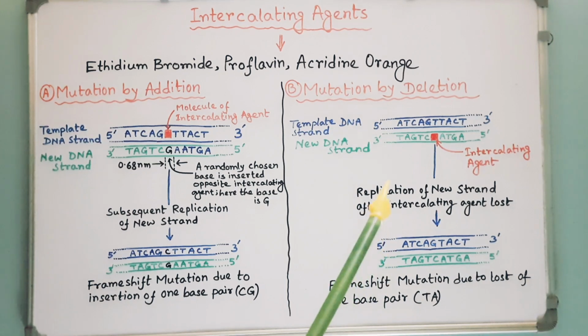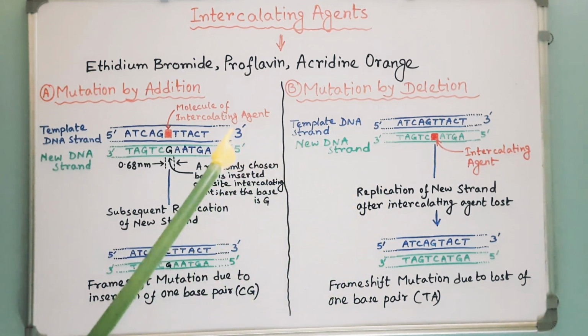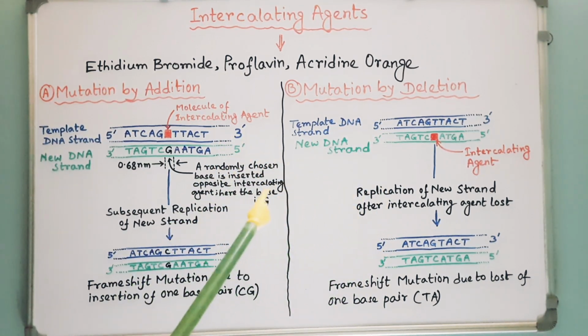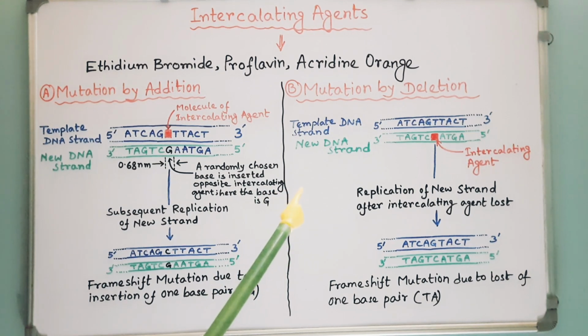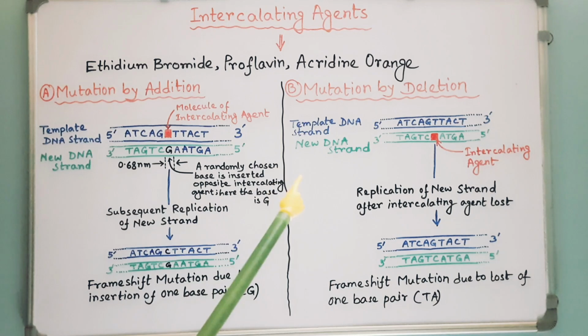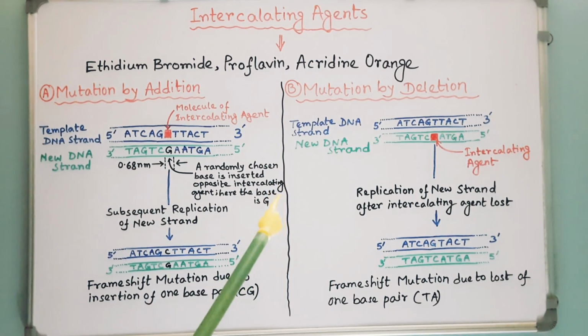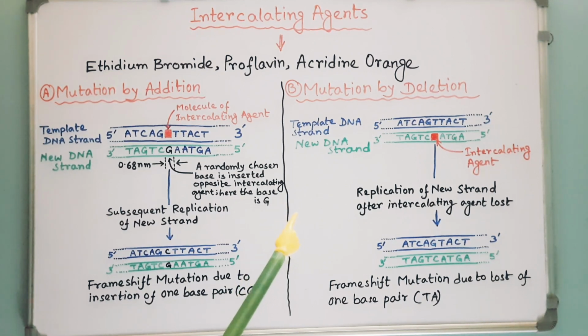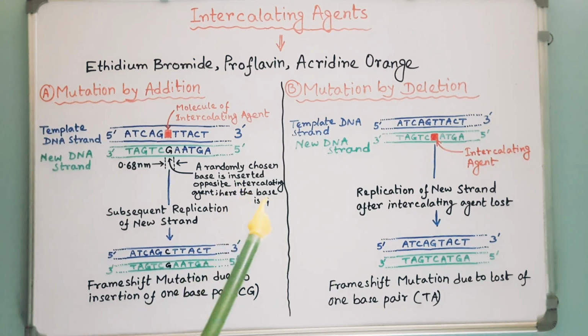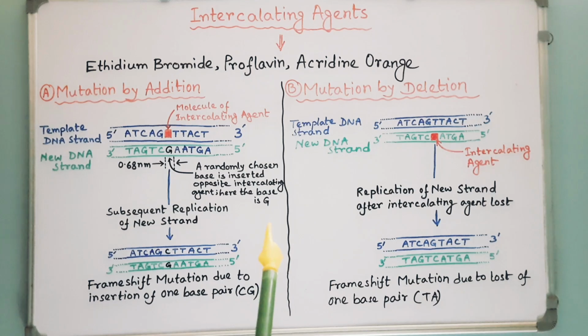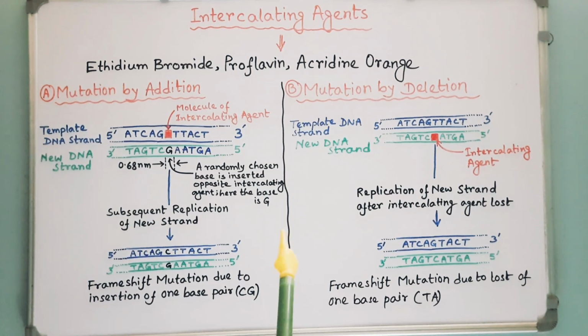If a base pair addition or base pair deletion point mutation occurs in a protein coding gene, the result is a frame shift mutation. Since intercalating agents can cause either additions or deletions, frame shift mutations induced by intercalating agents can be reverted by a second treatment with those same agents.